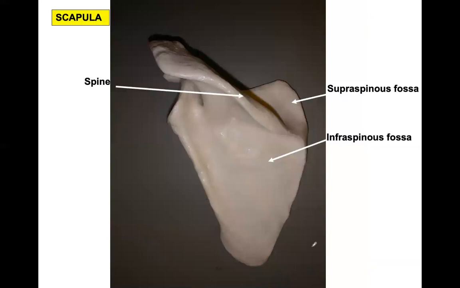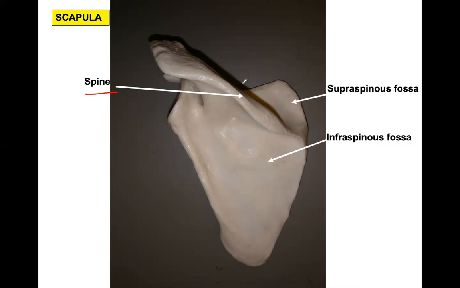Looking at the scapula, what I'm showing you here in this picture is a posterior view of the scapula. What you see right here, this bony protrusion, which we call the spine, is the one you can actually feel when you move your shoulder. So when you move your shoulder and you see those little bones poking out, what is actually poking up is the spine. Now, the spine literally divides the posterior aspect of the scapula into two parts.